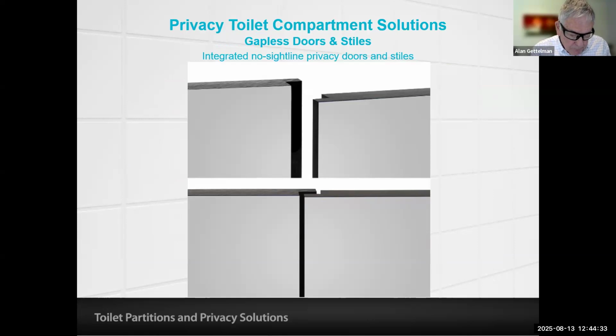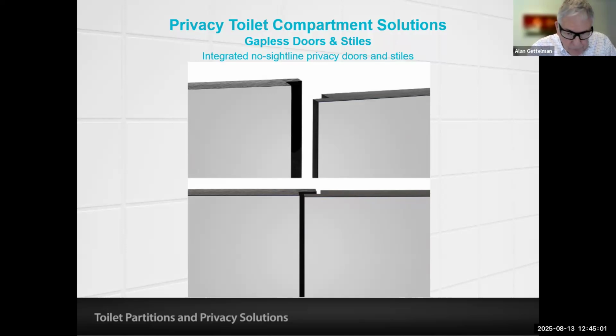European style and traditional partitions can feature a number of design solutions that can increase privacy without the expense associated with fully enclosed walls or single-user restrooms. For example, integrated no sightline privacy doors and styles have routed edges, as is seen in the top photograph of a door swinging open from its style.